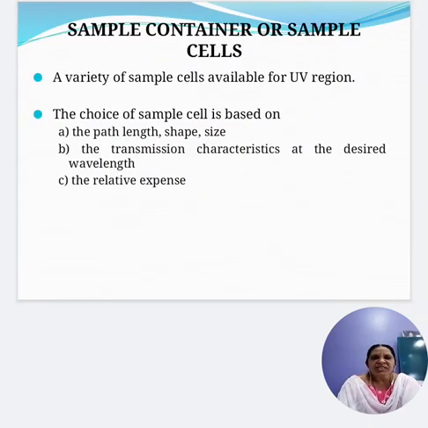The next component of the spectrophotometer is the sample container, or sample cells. A variety of sample cells are available for the UV region.